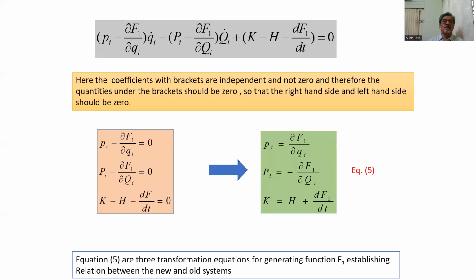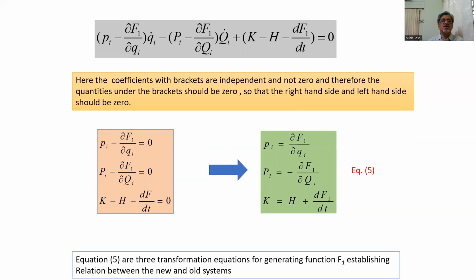So we have done it like that: pi minus del f1 by del qi, times q dot i, minus capital Pi plus del f1 by del capital Qi, times capital Q dot i, and the last bracket is K minus H minus df1 by dt equal to 0.